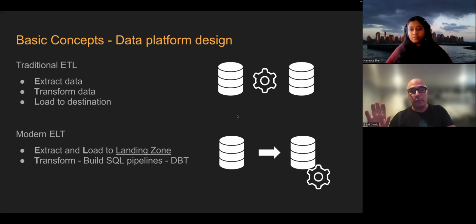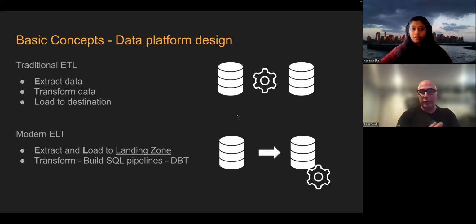And then we have what we do today, which is what we call ELT, same letters, just switched around a little bit. You're extracting and loading that data to a landing zone. In many cases, this is going to be a data lake, probably built upon a service like Amazon S3, which can obviously hold all sorts of data. So you don't have that requirement to transform the data before it can be loaded into an analytic environment.